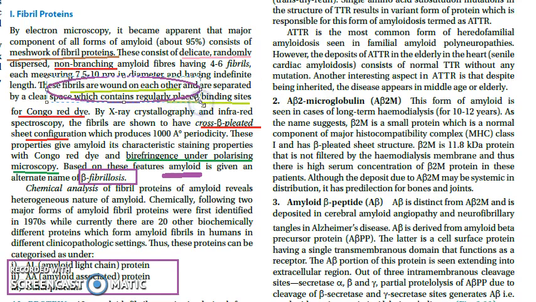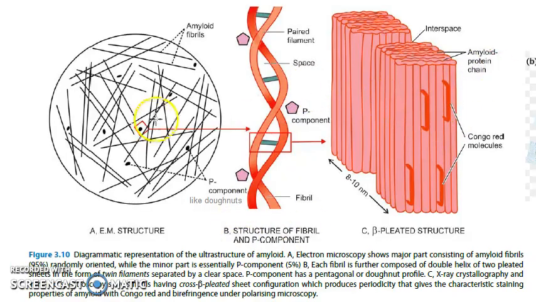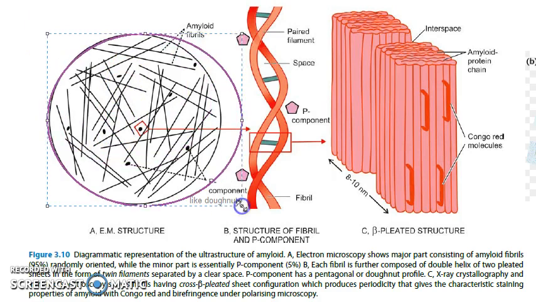These fibrils are wound on each other. That helix I told you. And they are in beta pleated sheet configuration at specific points. Regularly there will be binding sites for the Congo red dye. That is what I have shown you till now. Please look at the diagram again. As you can see here, these are the fibrils arranged like a meshwork. They are delicate, randomly arranged and non-branching, correct?